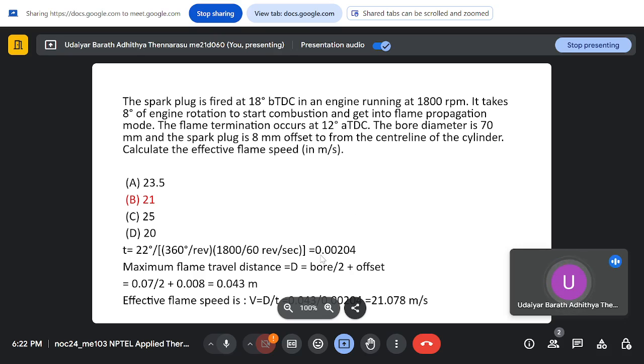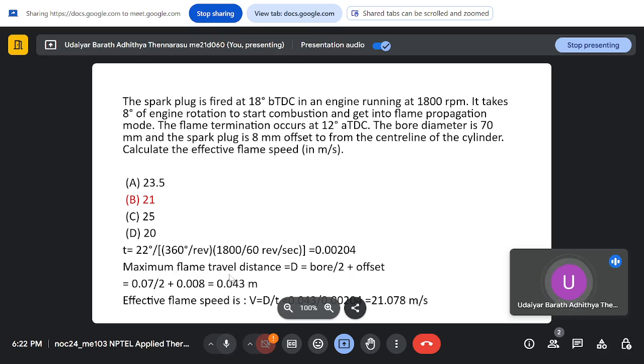This gives you 0.00204 seconds, which is the time it takes for the engine to rotate 22 degrees.